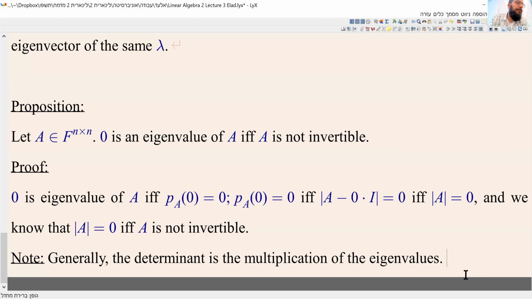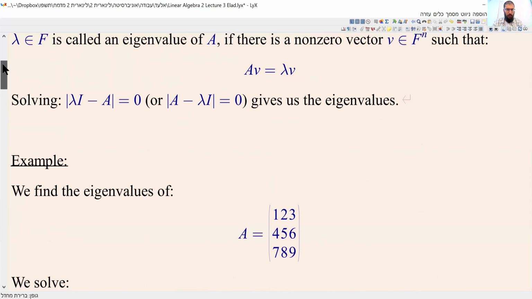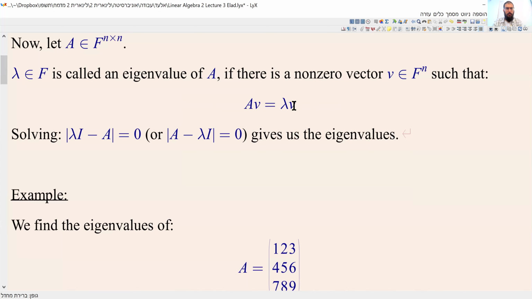For another question, I'm a bit lost. We said that eigenvalues are what we multiply eigenvectors with, so A multiplied by an eigenvector minus the eigenvalue multiplied by the eigenvector is zero. And then we took out the vector, so it's A minus lambda I. And then we said that it's the same as saying that the determinant of A minus lambda I equals zero. Yes, and we already said it in the previous week.